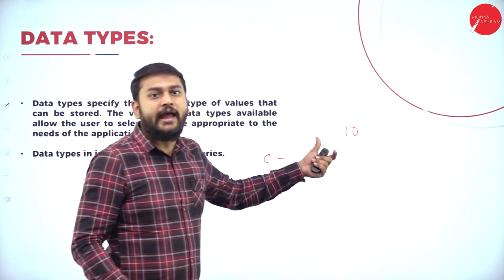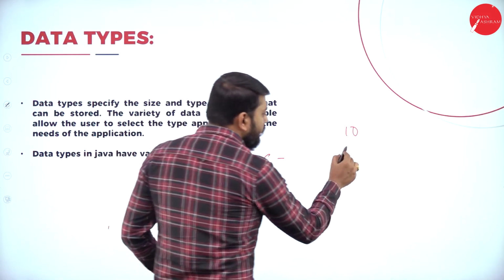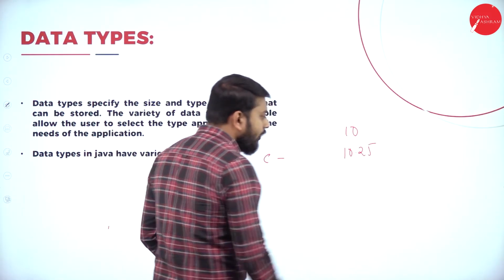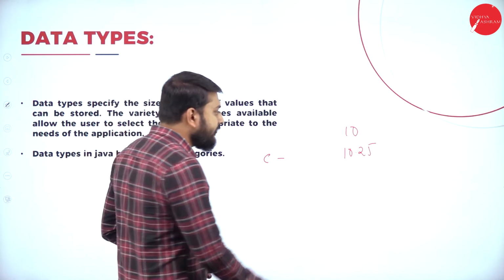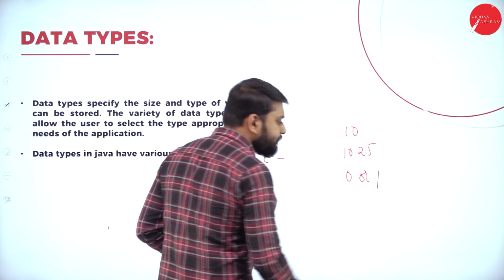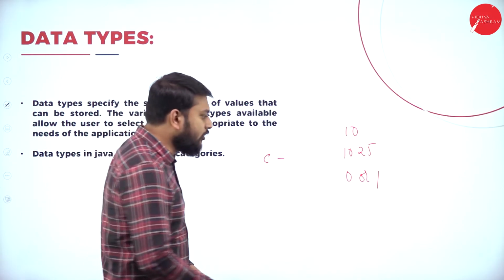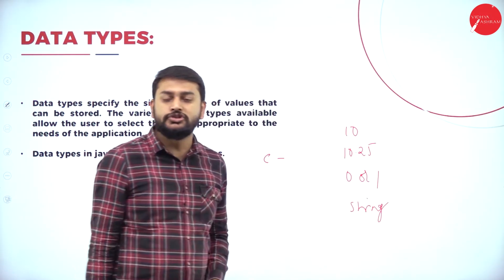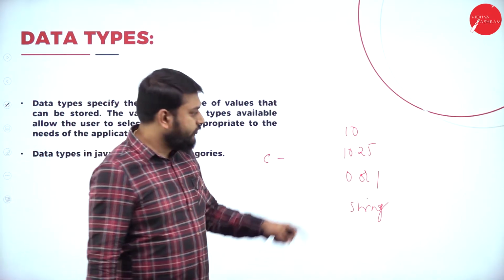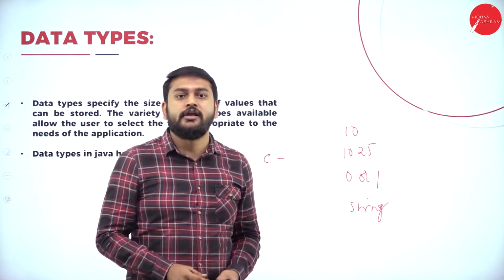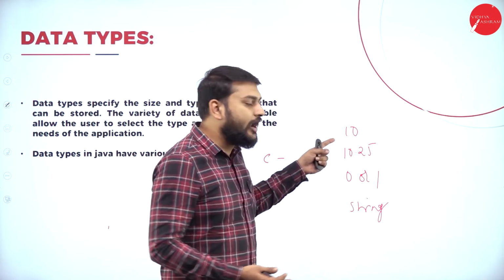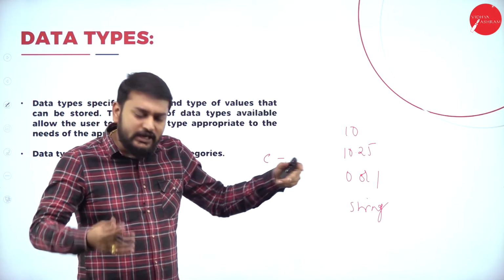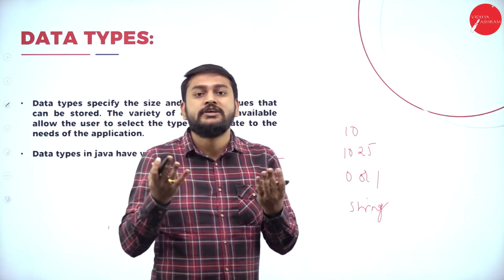Say, for example, I have the integer value. You all know that I have the integer constant. I have floating constant. Yes or no? I have Boolean values 0 or 1. I have string constants. All right. So like this, I have different values. The capacity of these values is different. When I need to store an int, it requires a different amount of memory.